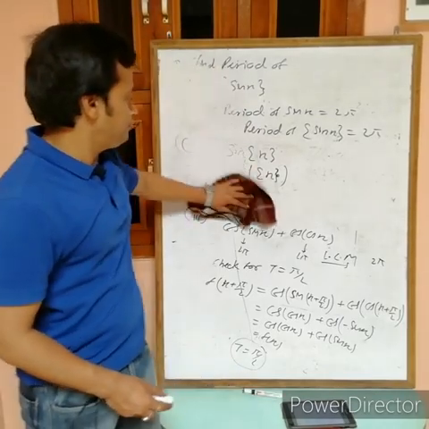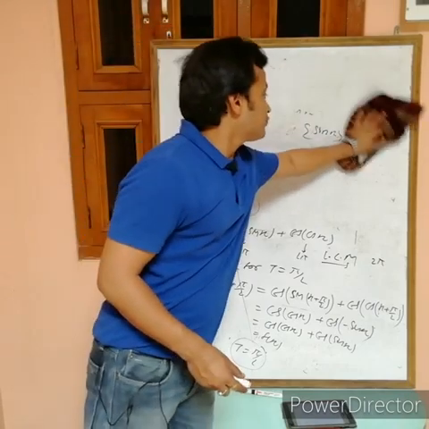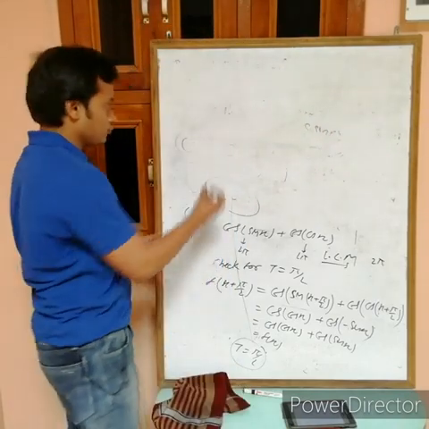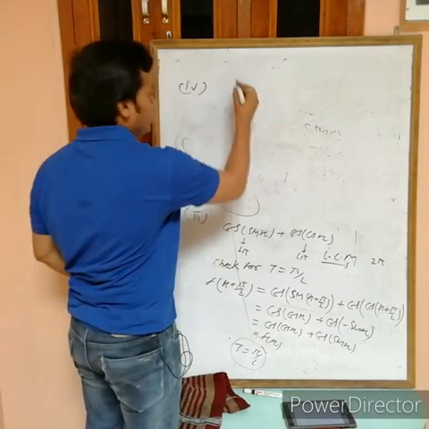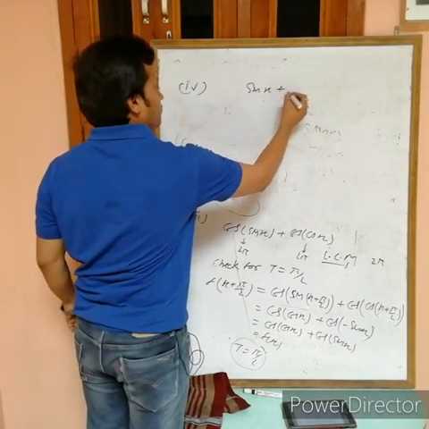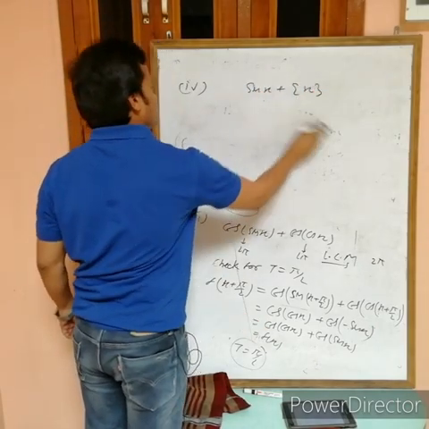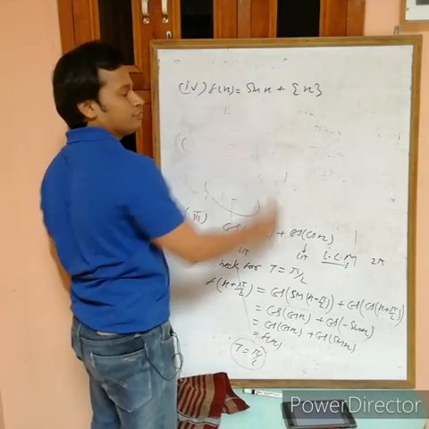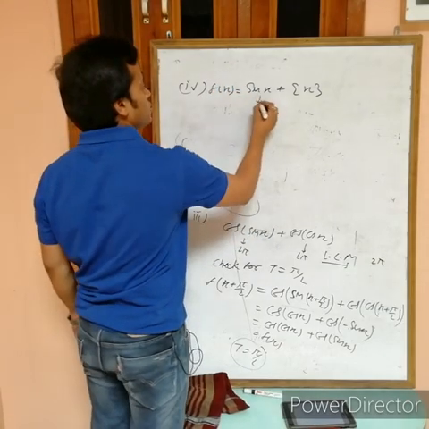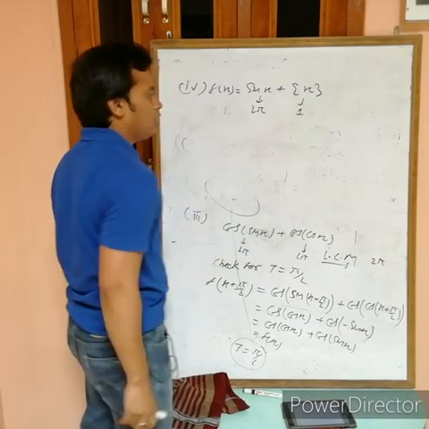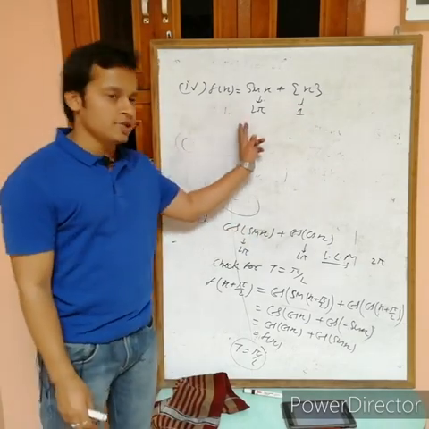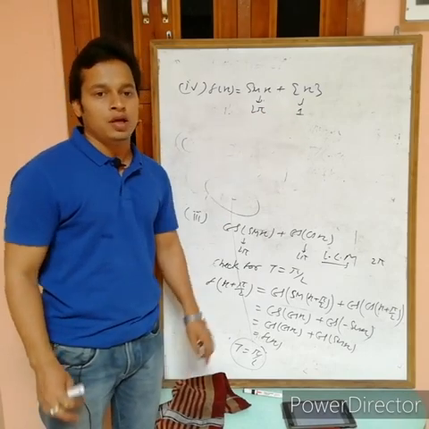Now last, sin x plus the fractional part of x. Now check for this one. The period of sin x is 2 pi. The period of the fractional part of x is 1. Now 2 pi is irrational and 1 is rational.